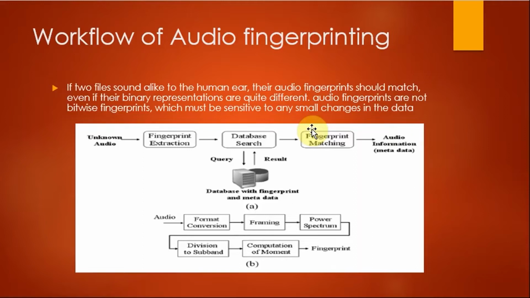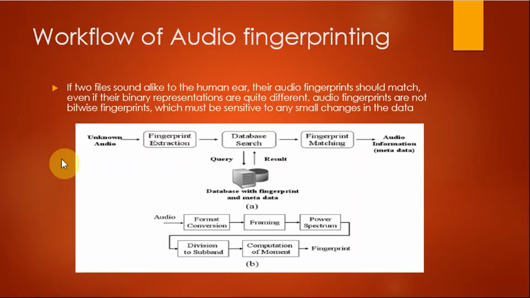So you can think of an app like that. But for now, we're just going to use the C SDK to look at how we can get audio information from an unknown audio that will be played. So that's about the workflow of the audio fingerprint.